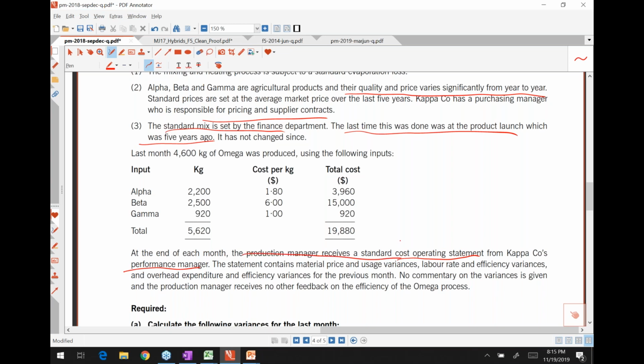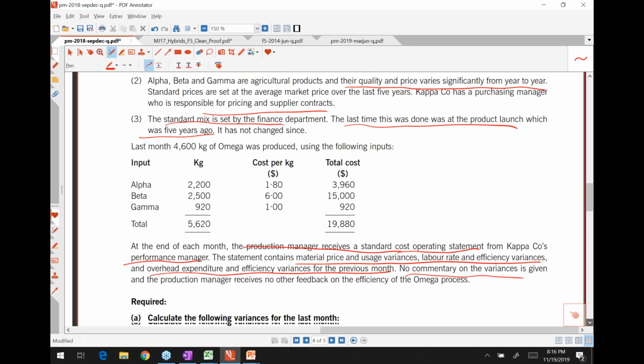The statement contains material price and usage variances, labor rate, efficiency, and overhead expenditure and efficiency variances for the previous month. No commentary on variances is given, and the production manager receives no other feedback on the efficiency of the Omega products. Okay, that's fine.